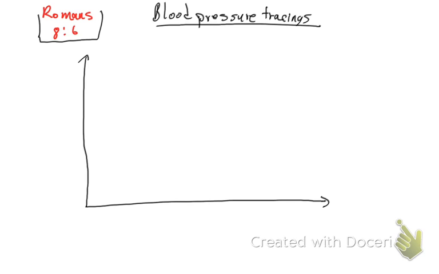The y-axis is going to represent the blood pressure, which is measured in millimeters of mercury, and the x-axis is going to have the time. We're going to see first the normal pressure tracings.